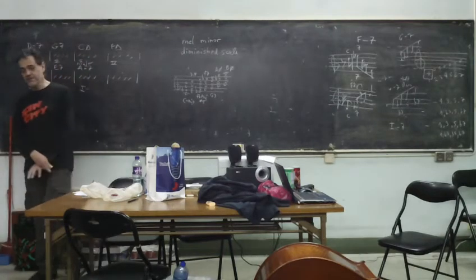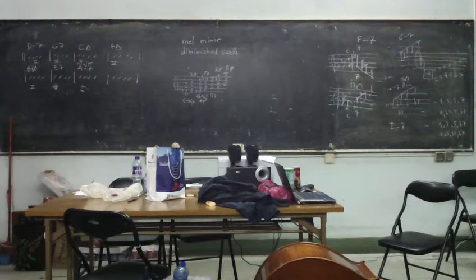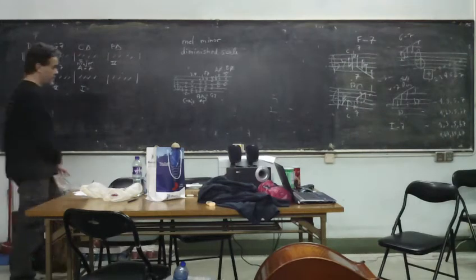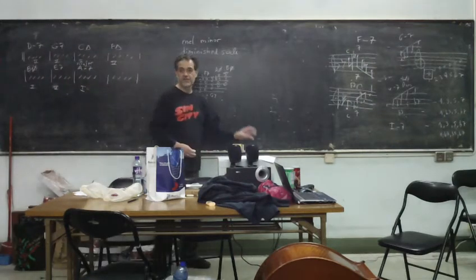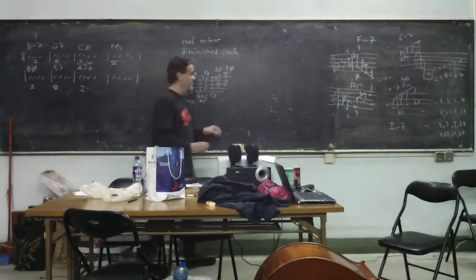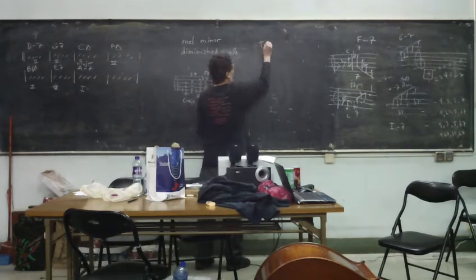So what is the importance of this scale in jazz music? The players in Bebop, this is to explain more or less why they started to use this scale. Because of the tritone.